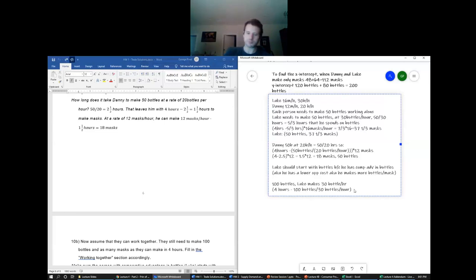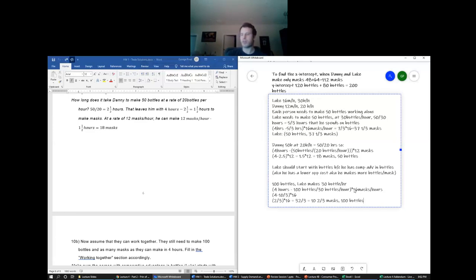Then you multiply that by 16 masks per hour, and that gets you the number of masks you can make. So 4 minus 10 over 3 is 2/3, times 16, which is 32 over 3, equal to 10 and 2/3 masks. And he manages to make all 100 bottles.